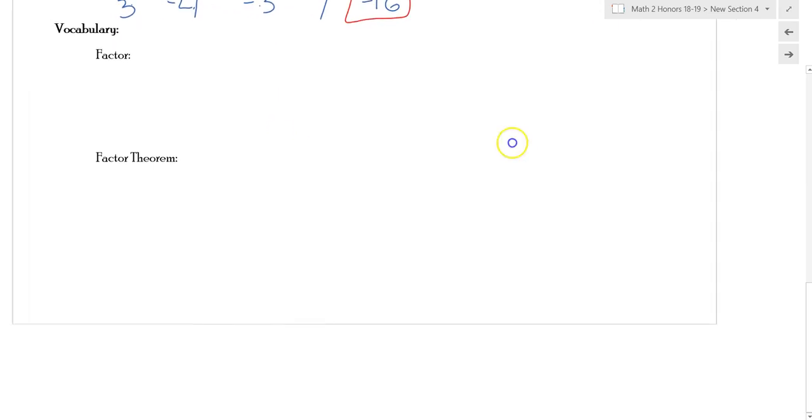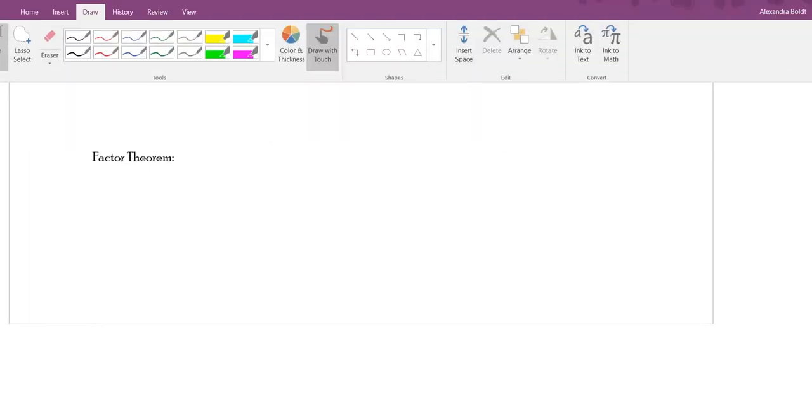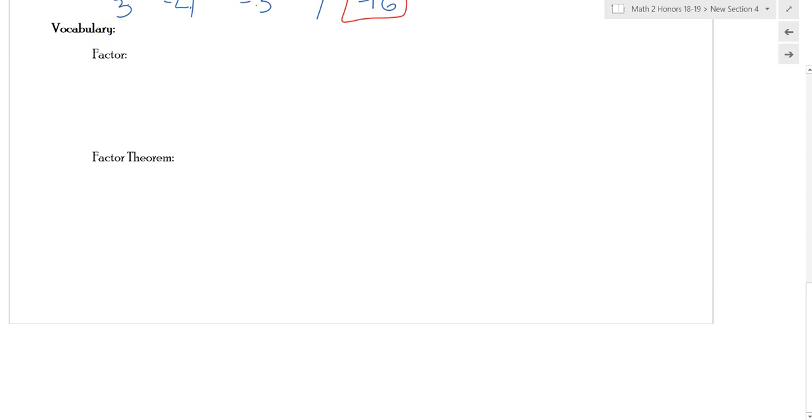We then use the remainder theorem to give us what we call the factor theorem, which is more important, I would say. So first, what is a factor? We've been using this with our factoring review packet.